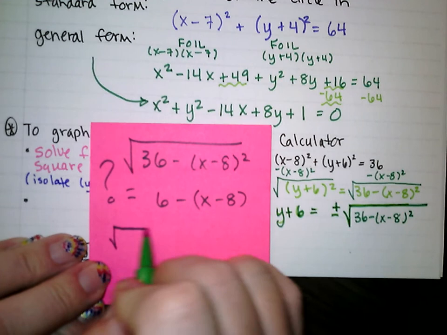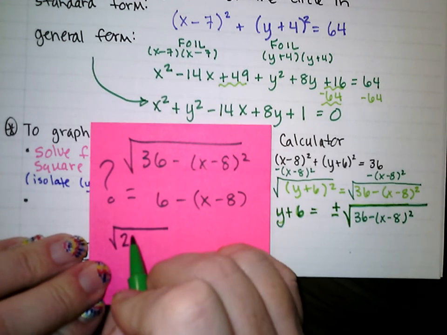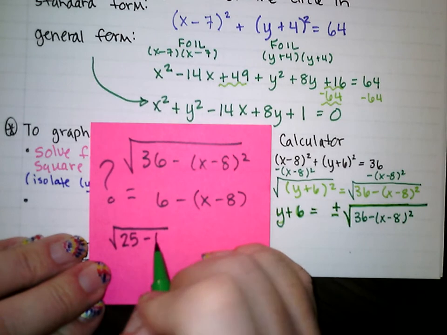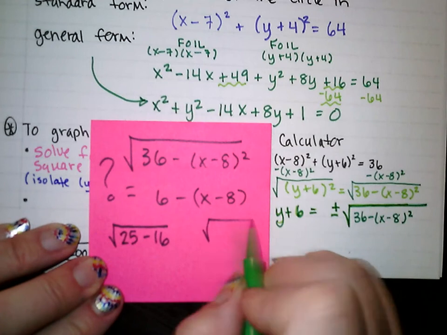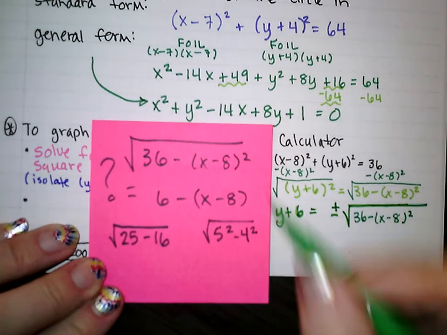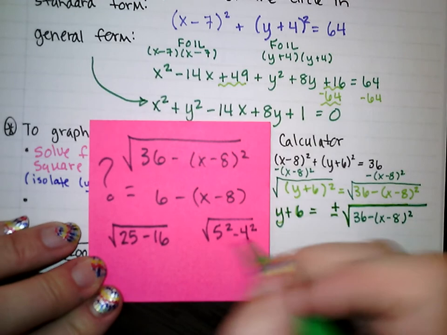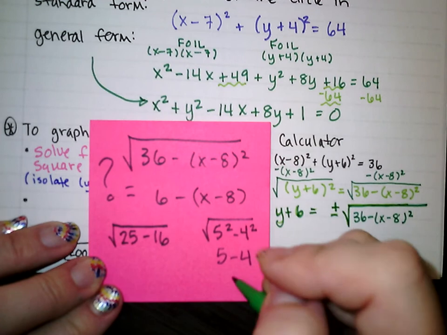So let's try this with 25 minus 16. Well, 25 is 5 squared. 16 is 4 squared. So basically what you're asking me is, can I rewrite this as just 5 minus 4, which would equal 1?